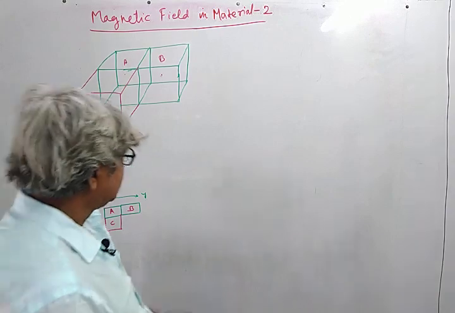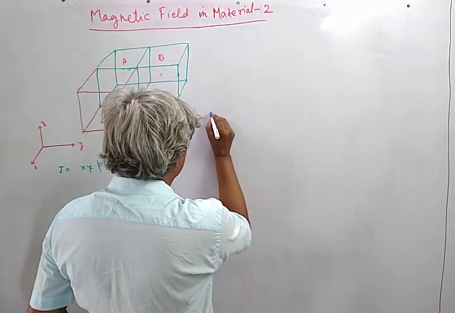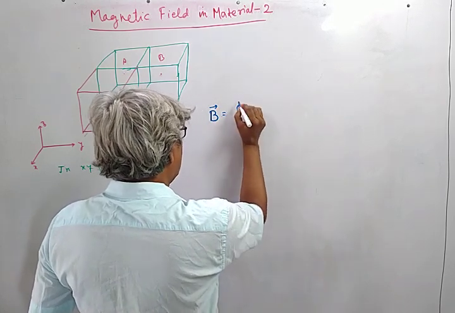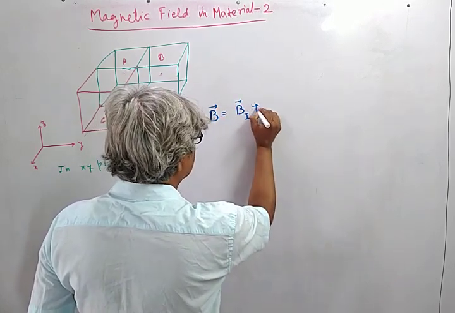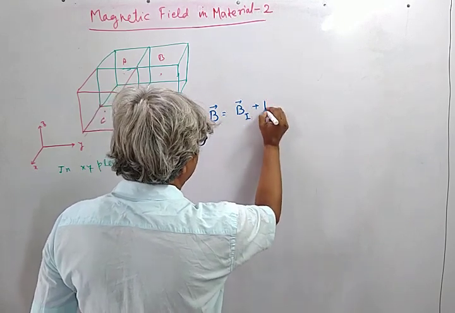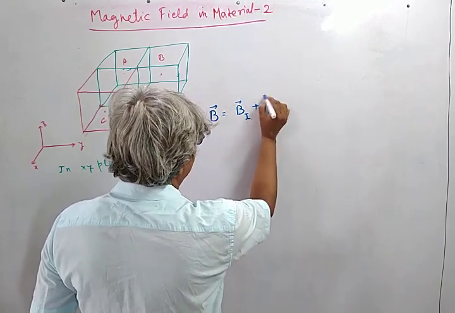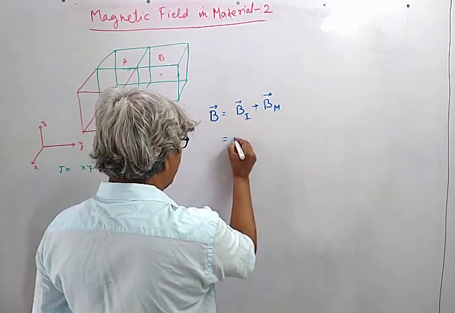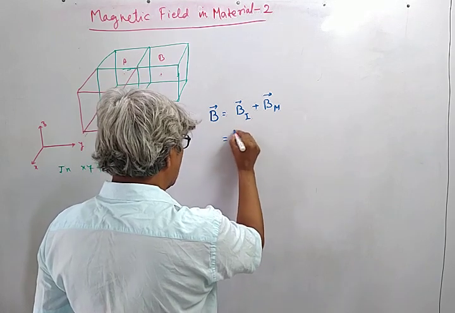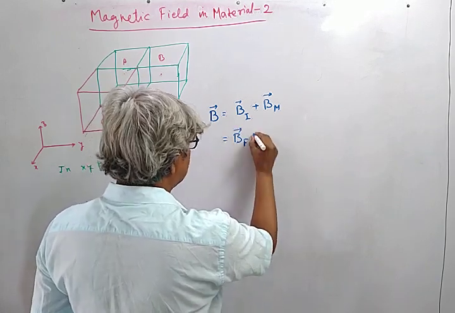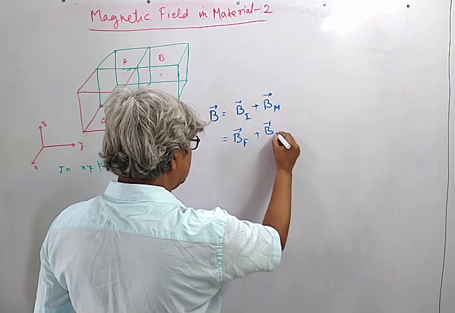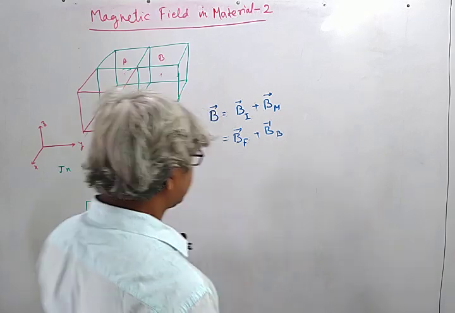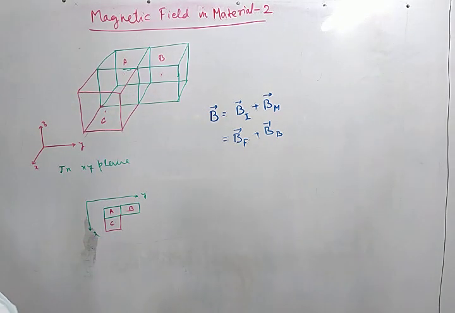We first stated that the magnetic field at a point is due to the conduction currents within the conductor and due to the magnetic material. The conduction current is due to the free currents, so this is called B_F, free, and the magnetization is due to the bound charges and bound electrons, so these are sometimes denoted by the subscript B.